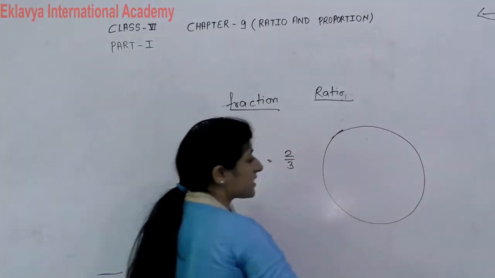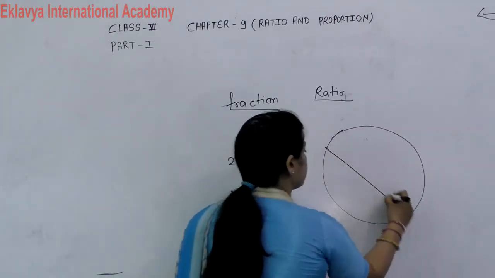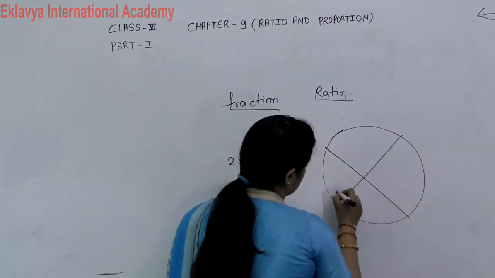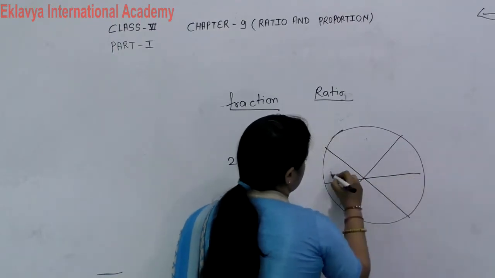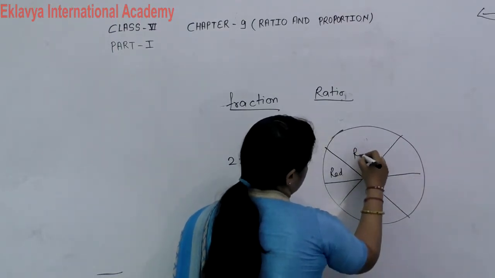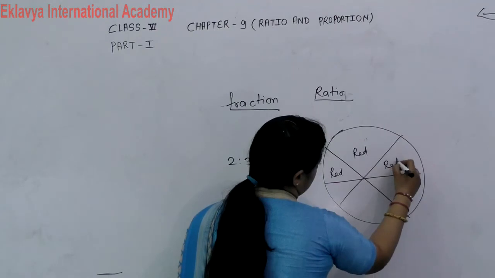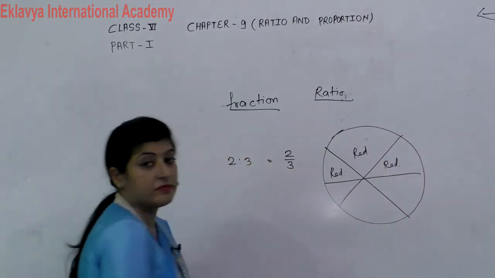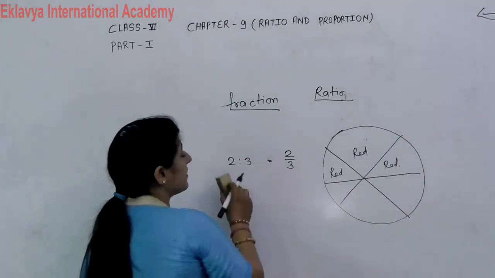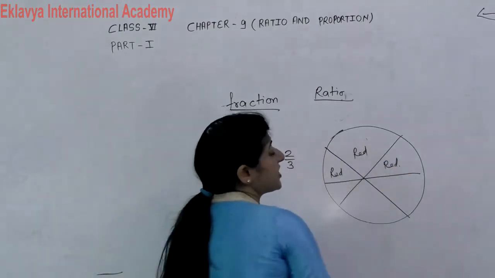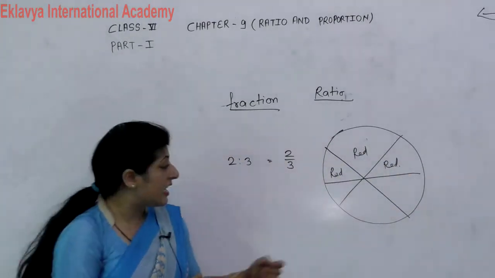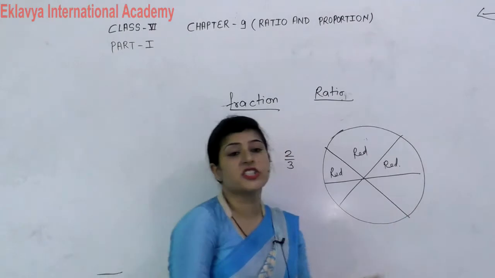Suppose there is a circle. In this, these three parts are shaded by the red color and these three parts unshaded.